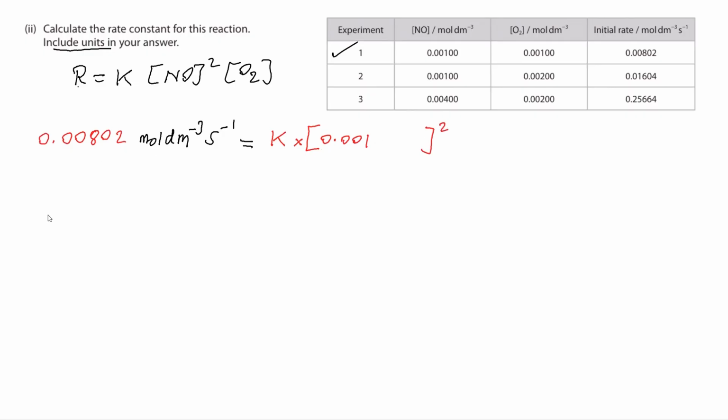The unit of concentration is mole per cubic decimeter, right? Times the concentration of O2, 0.001 moles per cubic decimeter to the power 1.